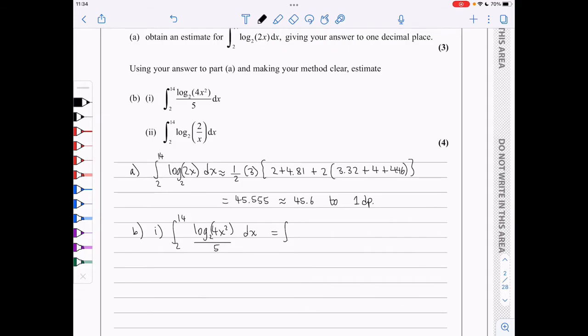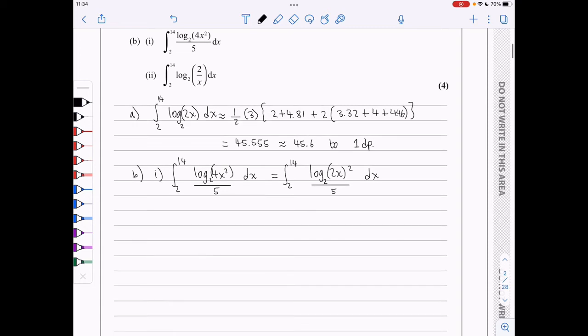Now we notice that 4x squared is just 2x all squared, and by the power law of logarithms the 2 can come down, so it's the integral from 2 to 14 of 2 log 2x base 2 over 5 dx.